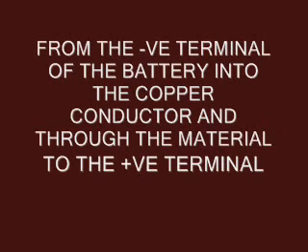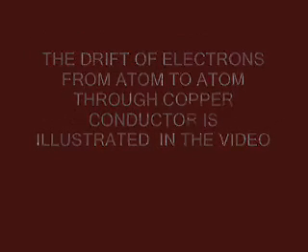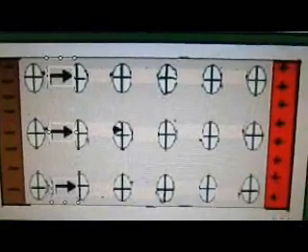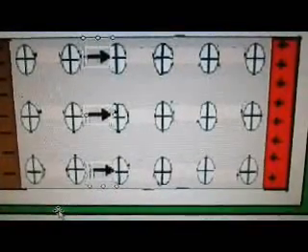In this way, there is a steady flow of electrons from the negative terminal of the battery into the material and through the material to the positive terminal. This steady flow of electrons is known as electron current.